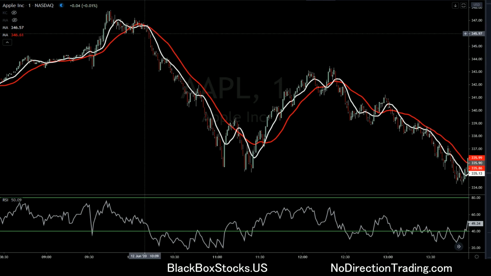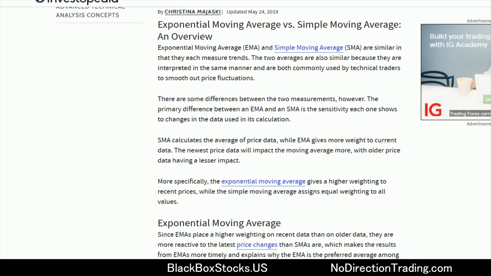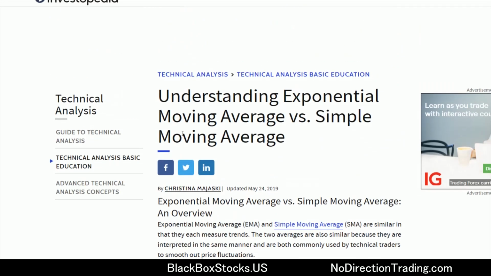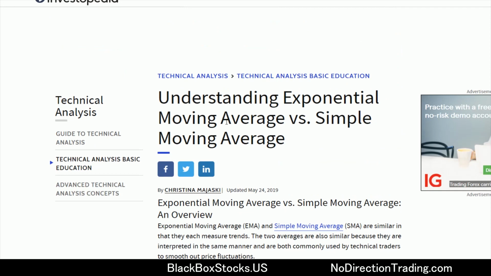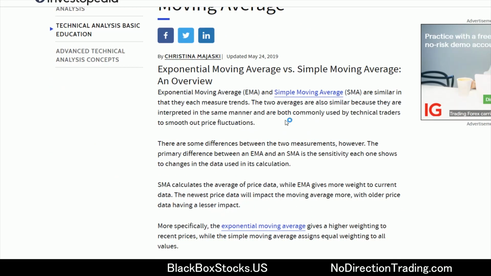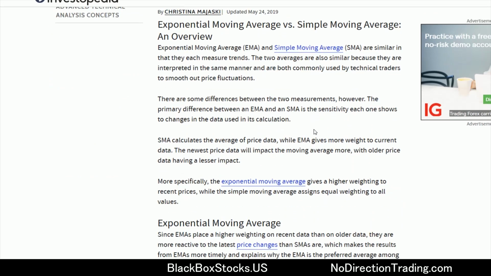Now, let's go and get a little bit of education here on why that is. So I'm going to go to Investopedia. We're already zoomed in a little bit. So let's kind of learn here. And this is understanding exponential moving averages versus simple moving averages. They give a little bit of introduction here, but let's get into the meat and potatoes of it. It says there are differences between the two measurements.